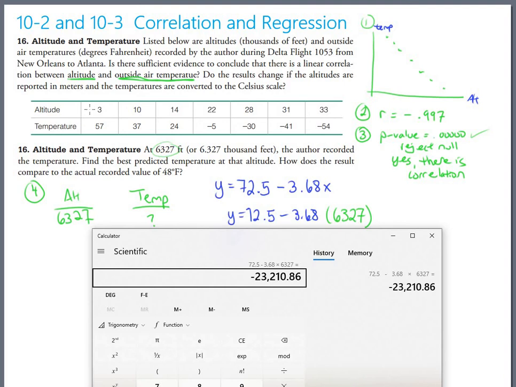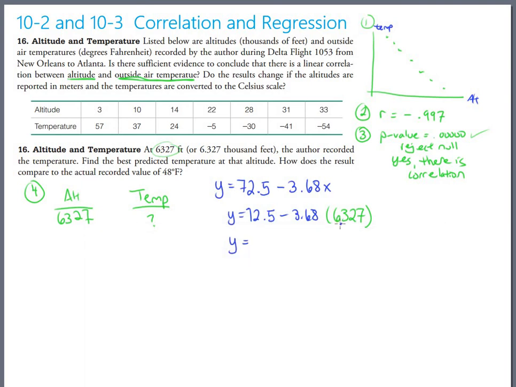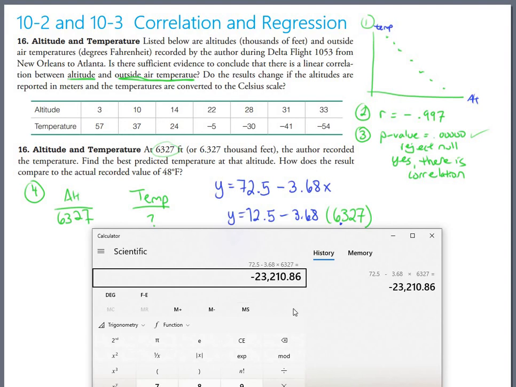So in other words, this 3 means 3,000 feet. This 10 means 10,000 feet. This is 6,327 feet, but listing that in thousands means 6.327. So let's try that again.